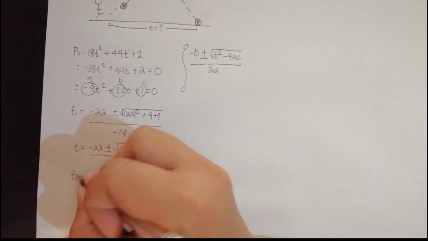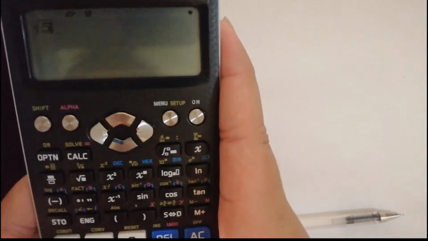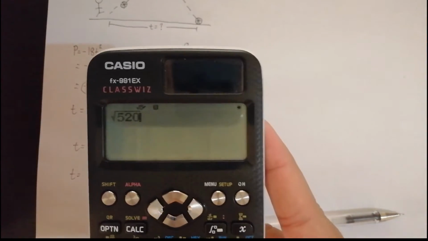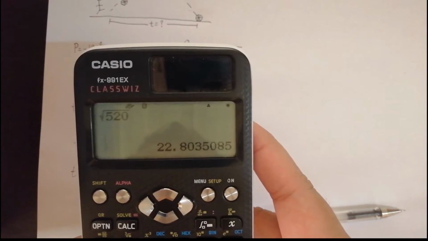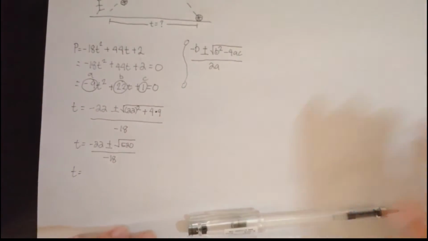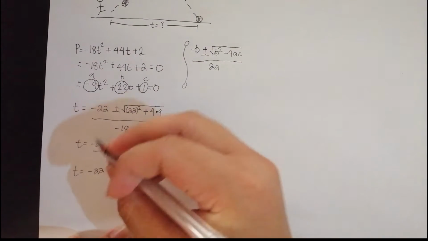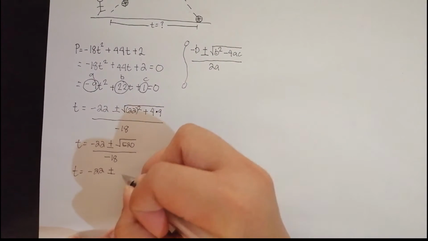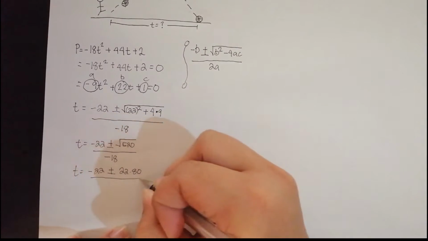So we will have to solve the square root of 520. The square root of 520 is equal to 22.80. So negative 22 plus or minus 22.80 all over negative 18.